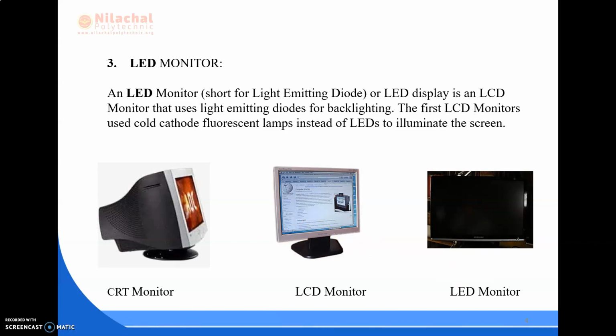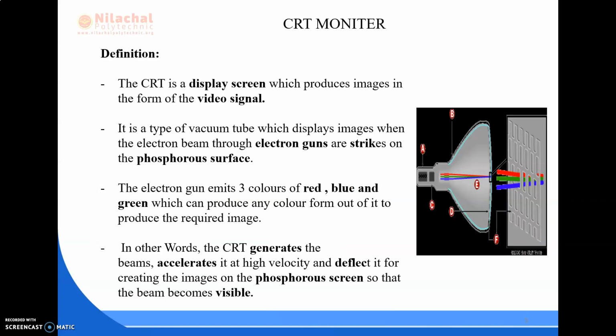Now we will be discussing the working principle of the three displays. First, let us start with the CRT monitor. We already know something about the CRT monitor, that it is the display screen which produces images in the form of video signals. It is a type of vacuum tube which displays images when the electron beam from the electron gun strikes the phosphorus screen of the CRT monitor.